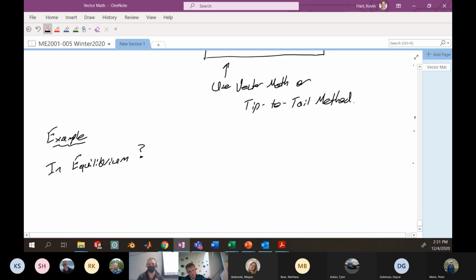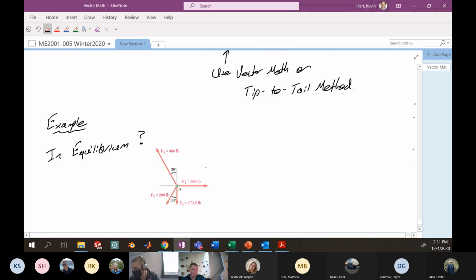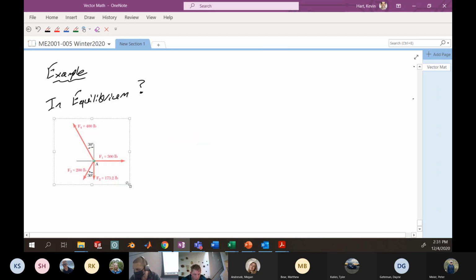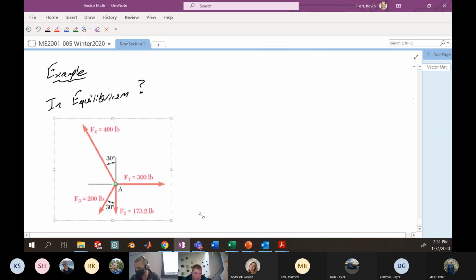I want to know, is this mess in equilibrium? Pretty hard to just kind of look at that and make a determination. I'll give you a second to copy that down if you're writing it.